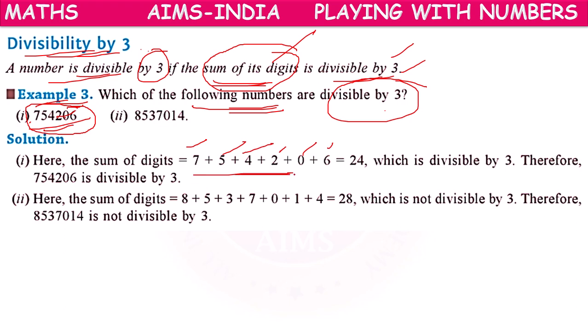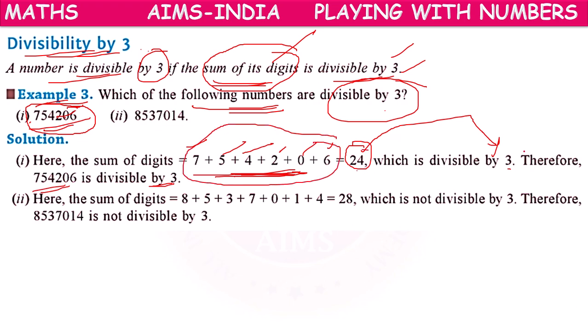We write all the digits and take their sum, which is 24. This 24 is divisible by 3 because 3 eights are 24. So the total number is divisible by 3, since the sum of all the digits is divisible by 3.